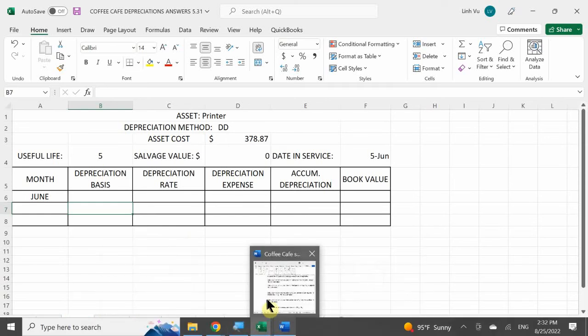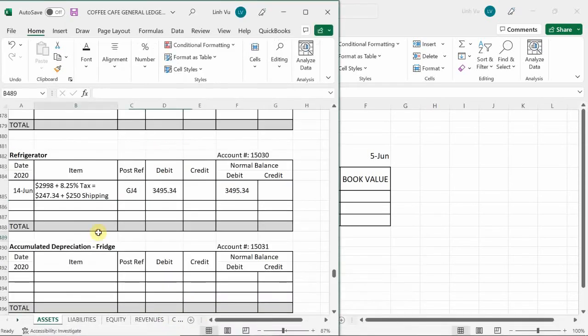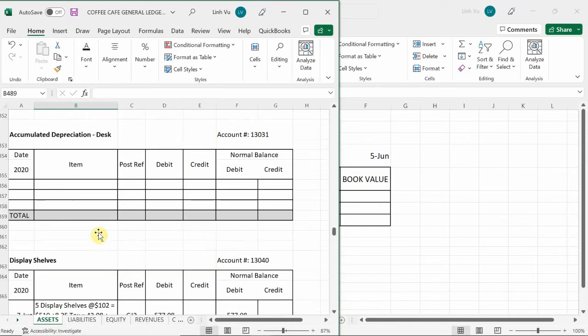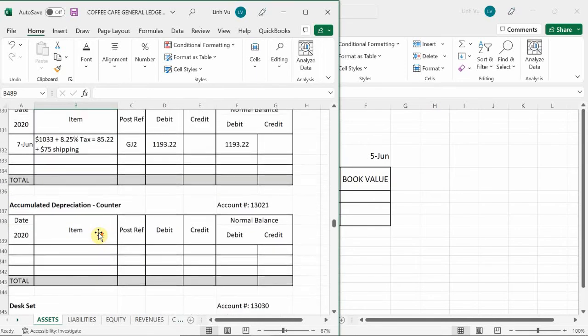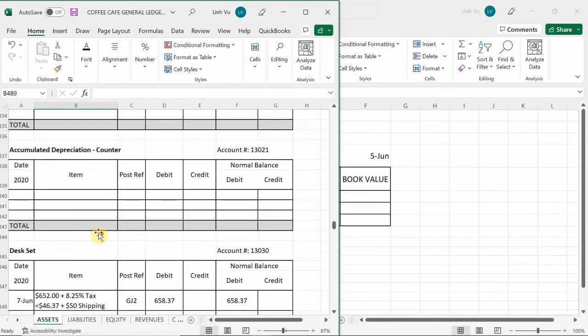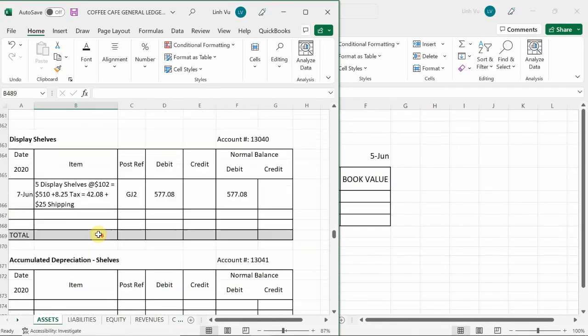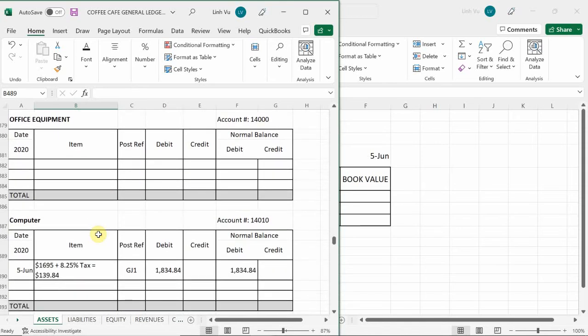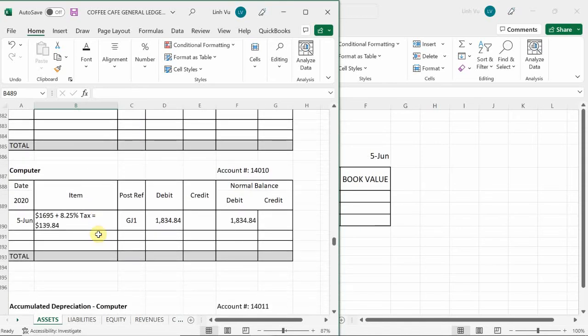So in this case, you're going to go to your ledger to locate where your computer is. How much is your computer? 1834.84.